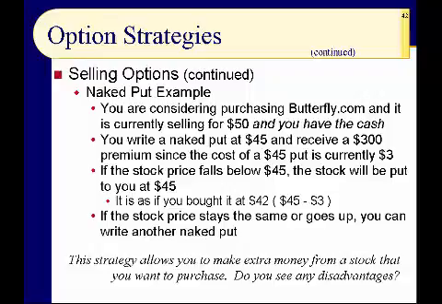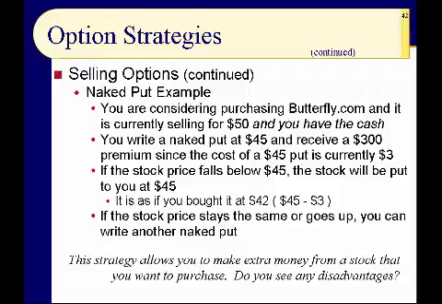So you receive $300 from the sale of one contract, because you multiply everything by 100. If the stock price falls below $45, the stock will be put to you at $45. Of course, you agreed to buy it at $45, but you received $3 per share from the sale of the contract. So it's essentially as if you got the stock at $42.